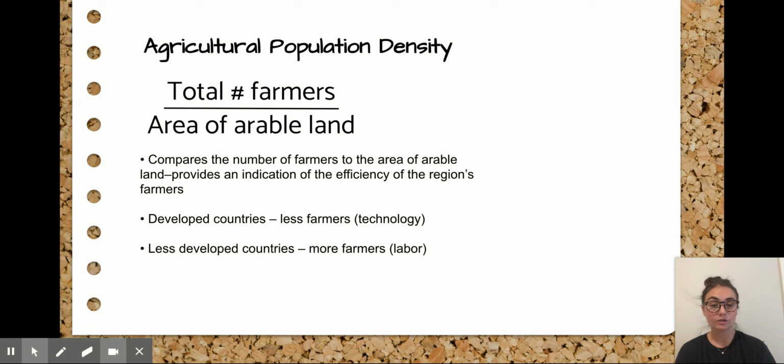The trends that you'll see are that developed countries actually have fewer farmers taking care of land because of technology. But less developed countries have more farmers because they have to use hand labor and they don't have as much technology.